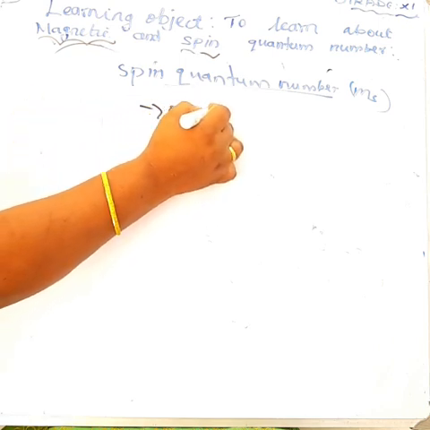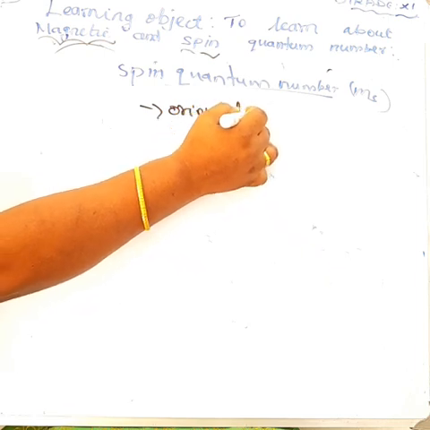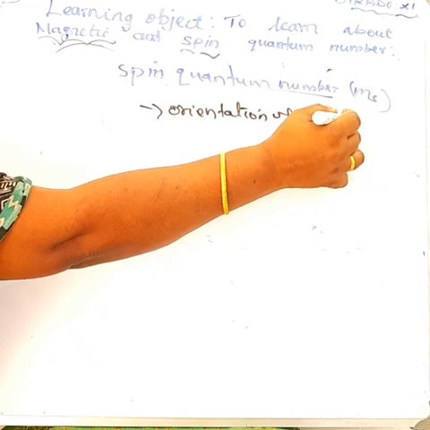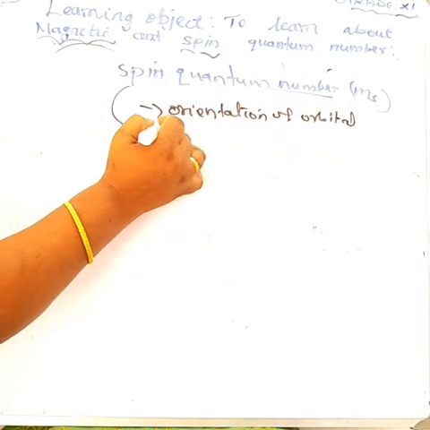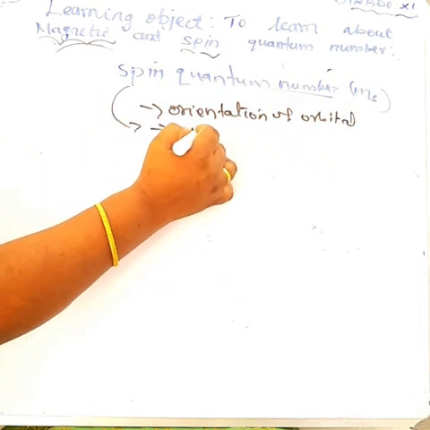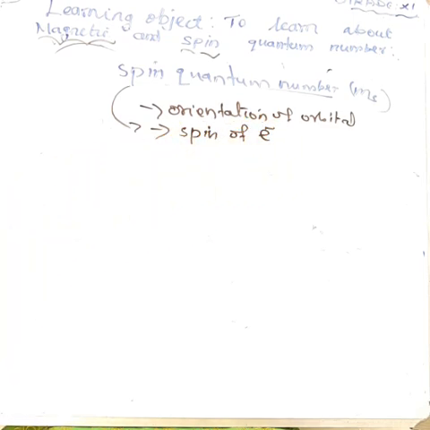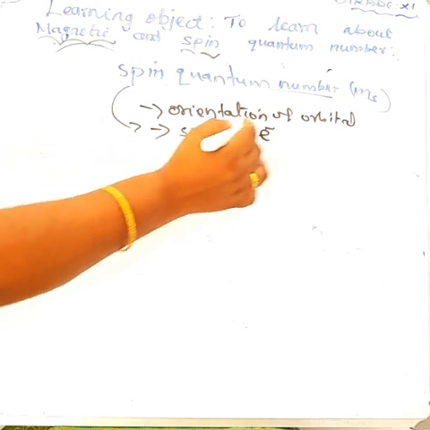But the spin quantum number represents the spin of the electron. What do you mean by spin? Spin means spinning or rotating.